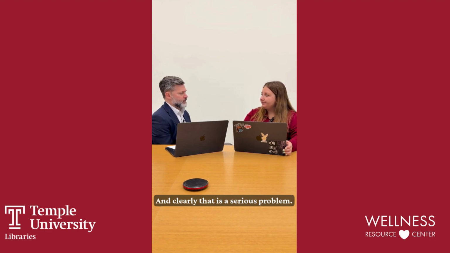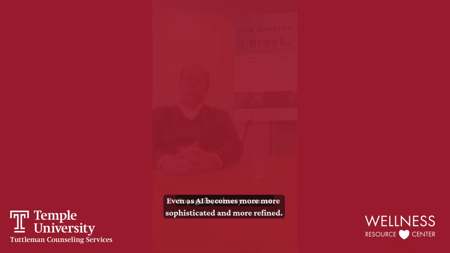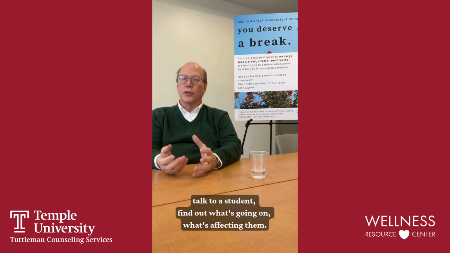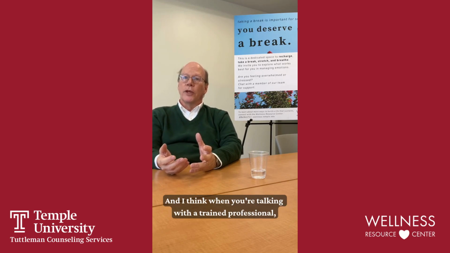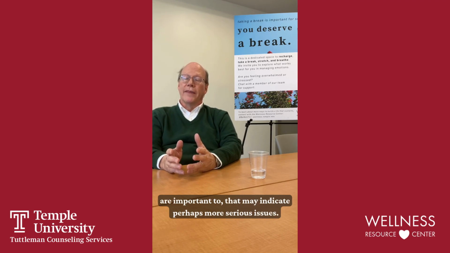And clearly that is a serious problem, and it's something that really hasn't been resolved even as AI becomes more sophisticated and more refined. When you meet with a person, they're going to be able in a very real-time way to talk to a student, find out what's going on, what's affecting them. And I think when you're talking with a trained professional, they may well pick up on small things that are signs that are important that may indicate perhaps more serious issues.